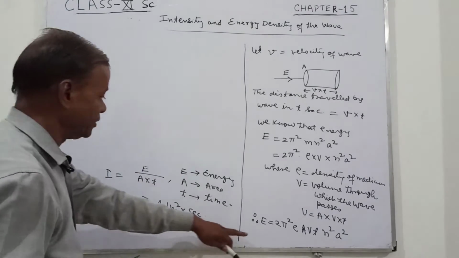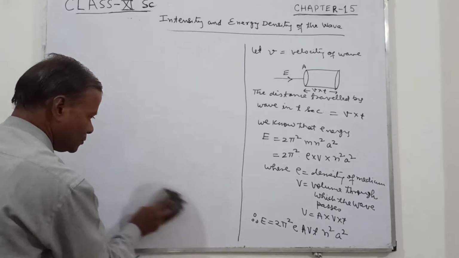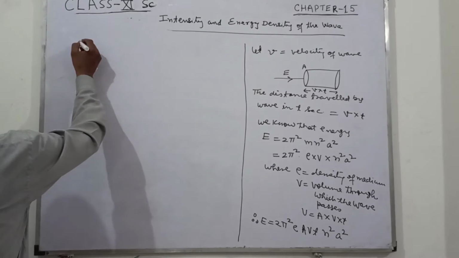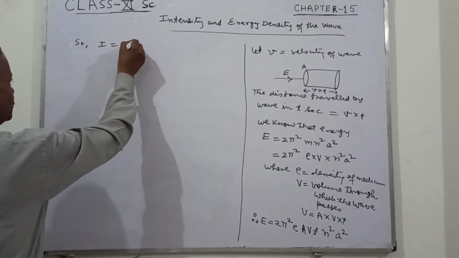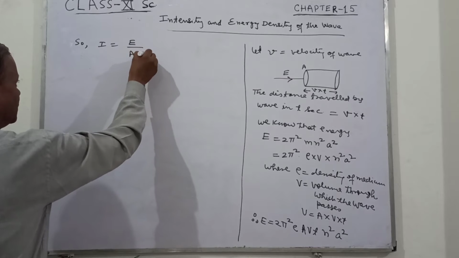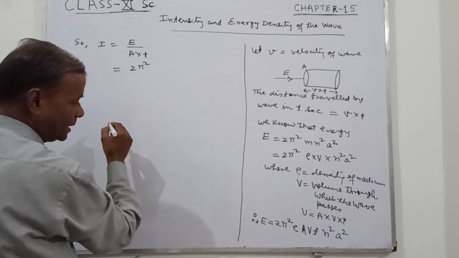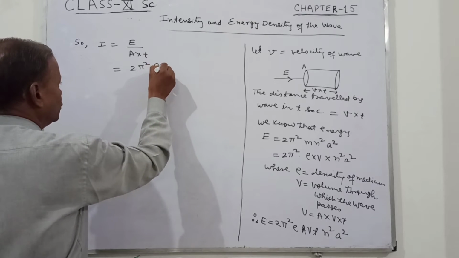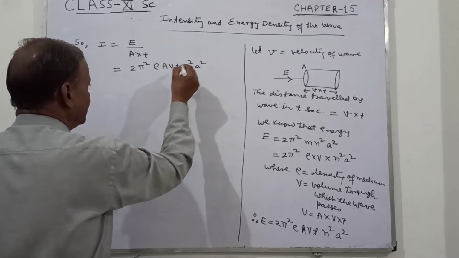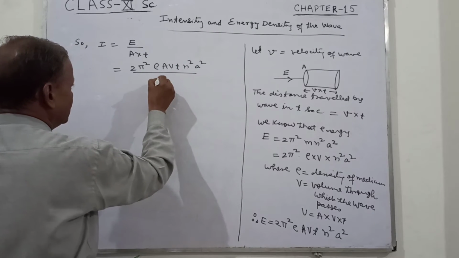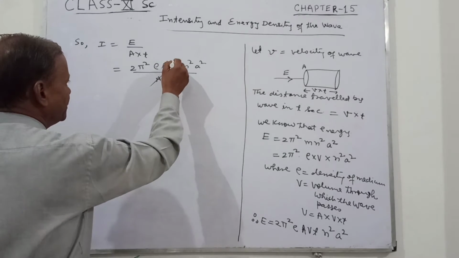Now we put this value of E in the intensity equation. So intensity I equal to E upon A into T. This is 2 pi square rho A v t into n square A square upon A into T. Now this A will cancel, this T will cancel.